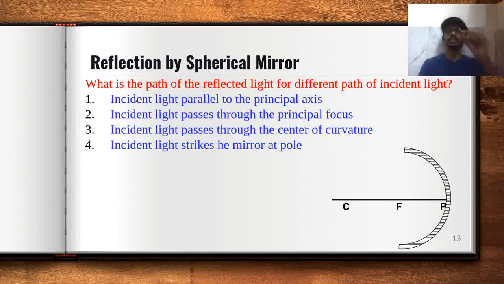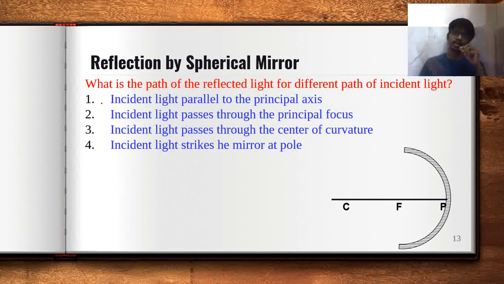Now that means if I have two reflected rays and find the intersection point, then I can find the image. So at least I need to understand the path of the reflected ray.